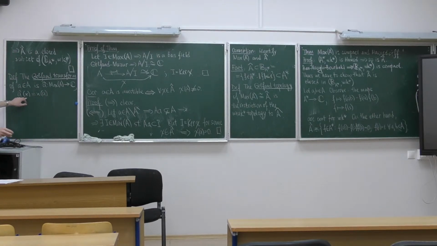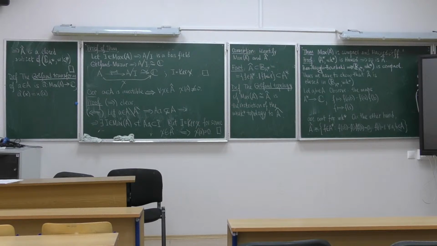So if chi is a character, so we identify the maximal spectrum with a character space, then a hat evaluated at chi is just chi evaluated at a. So a very simple definition.